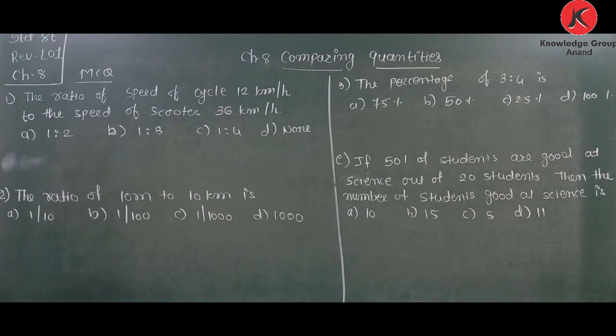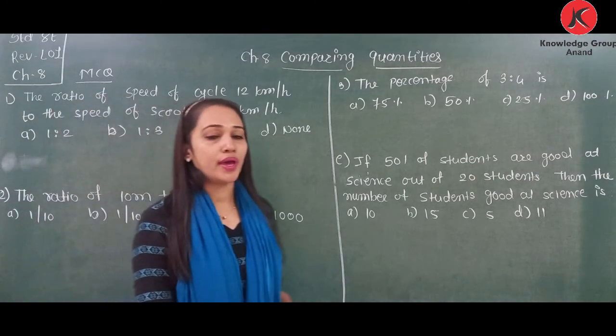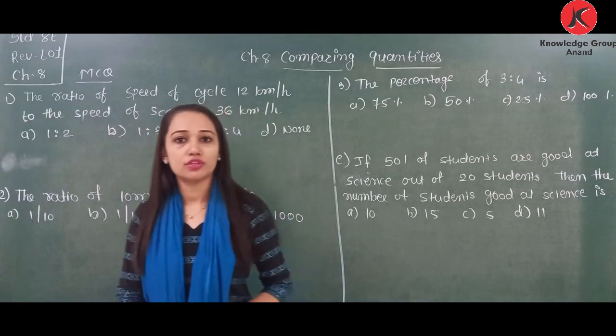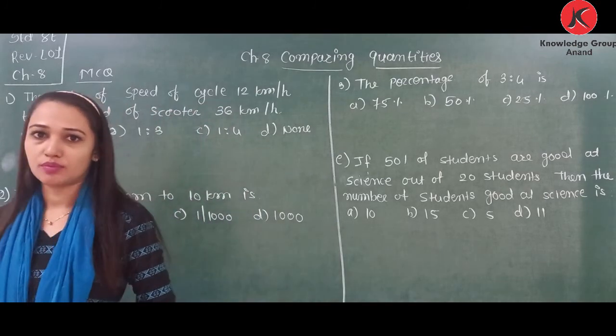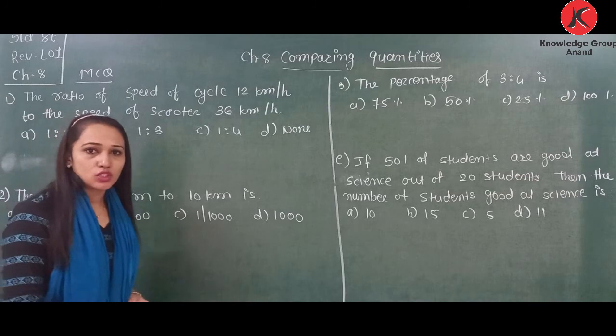So what is ratio? Ratio is a method of comparing two quantities by division when units are the same. The unit must be the same. After that we learn about percentage.